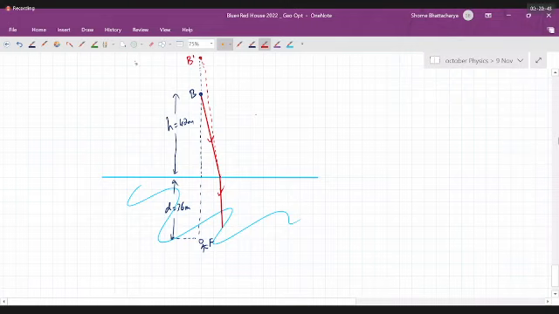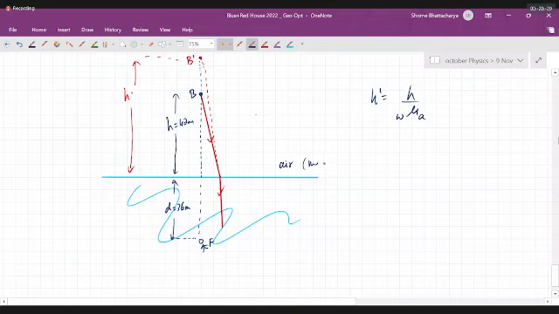This is the apparent height from the water's surface. So here the formula will be h prime is equal to h divided by mu of air with respect to water. Now this is our medium B and water is our medium A.